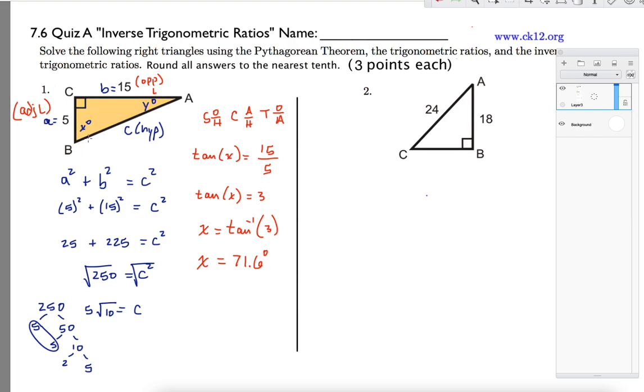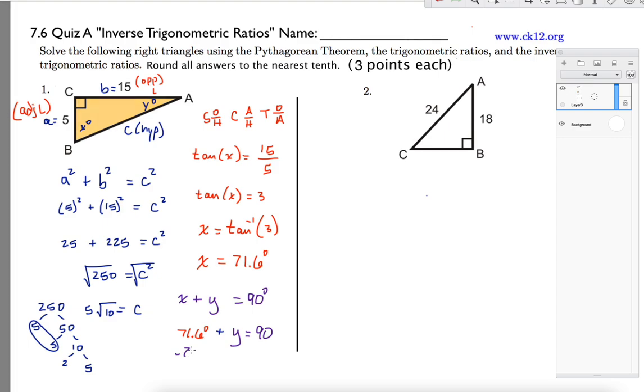Now, I know that angles A and B are complementary. They add up to 90. I know it's 180 in a triangle, but I've already used 90 for the right angle, so there's 90 available. So x plus y has to be 90. I already found x, which is 71.6 degrees, plus y equals 90.